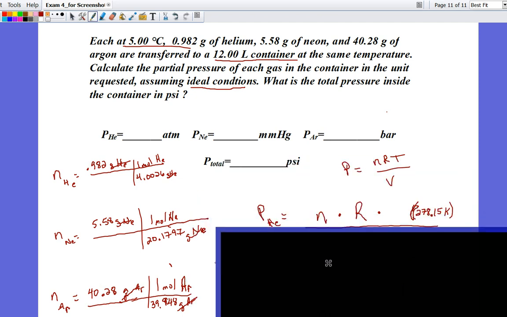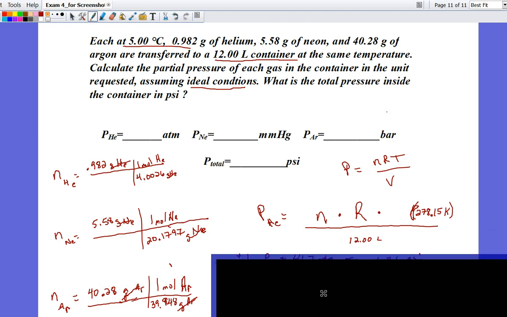Then I substituted each one of those into this equation. So say the pressure of helium would be equivalent to N, whatever I get for this little step, times R times T, which is the same all the time. The temperature is the same, and the volume is the same. So those two parts stay the same. The N and R change.